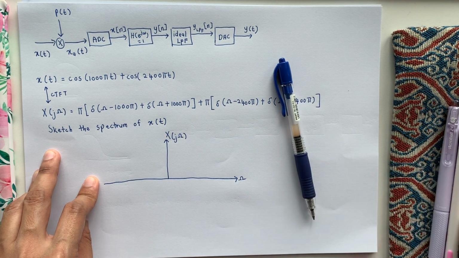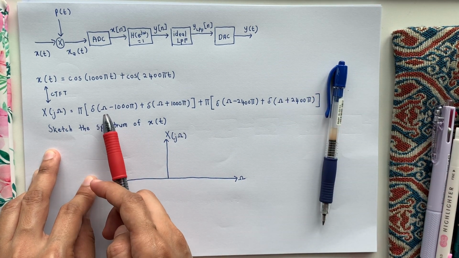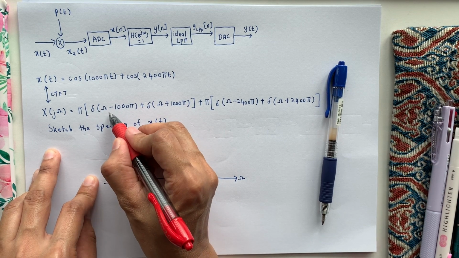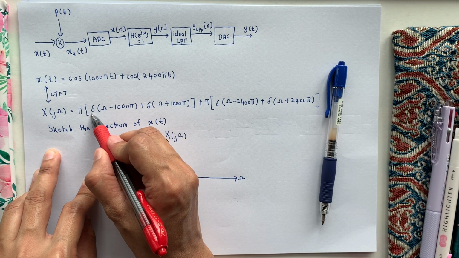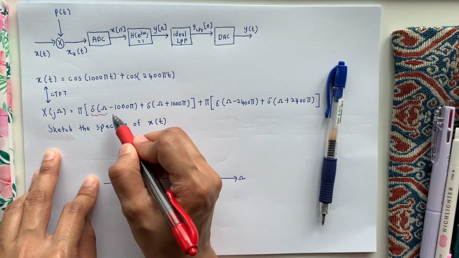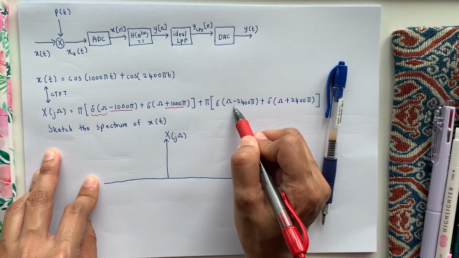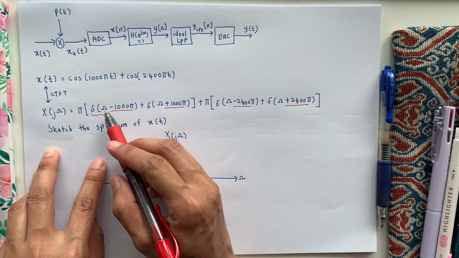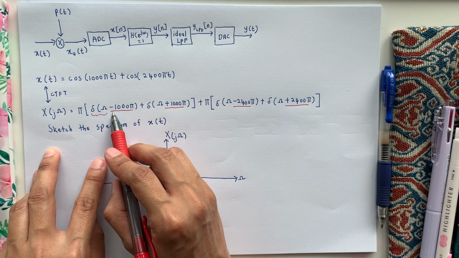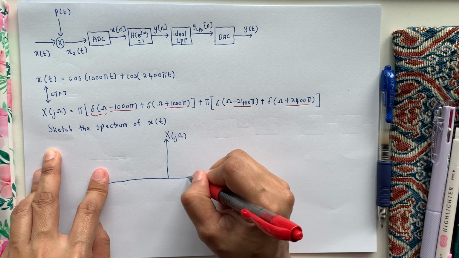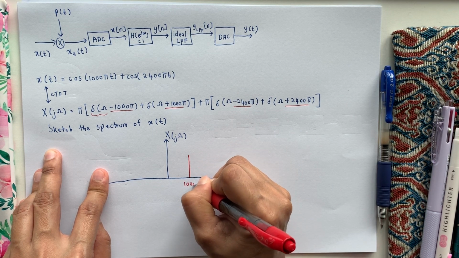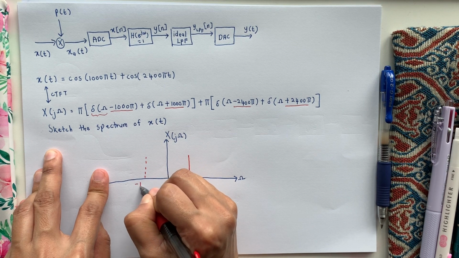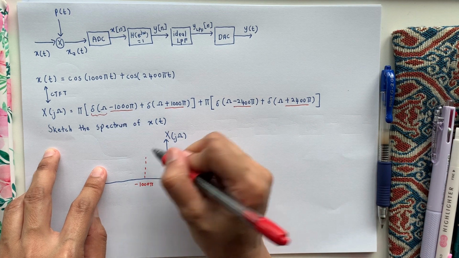Looking at the equation, pi delta(omega minus 1000 pi) plus delta(omega plus 1000 pi), this means your signal is a delta signal, and the plus and minus 1000 pi, and plus and minus 2400 pi, are the delay parts. So delta omega delayed by 1000 pi, next delta omega at negative 1000 pi.